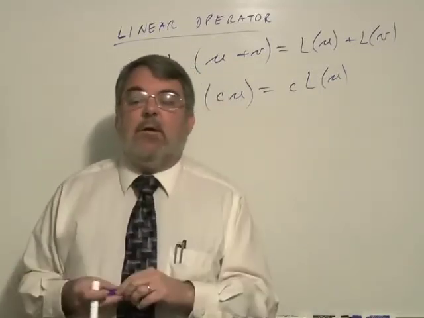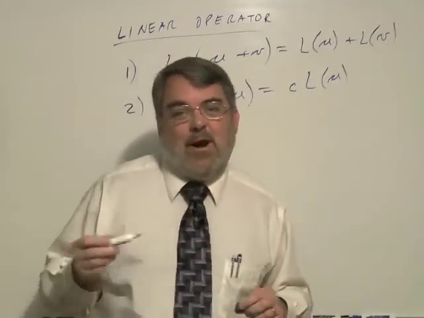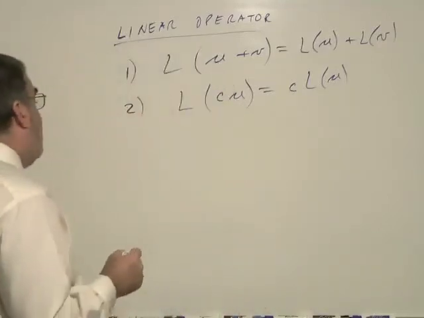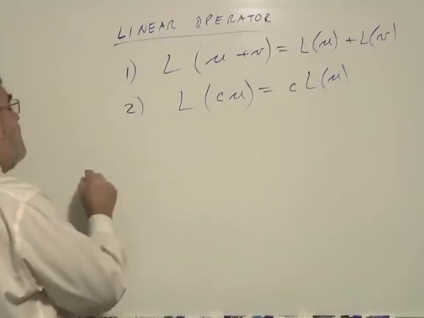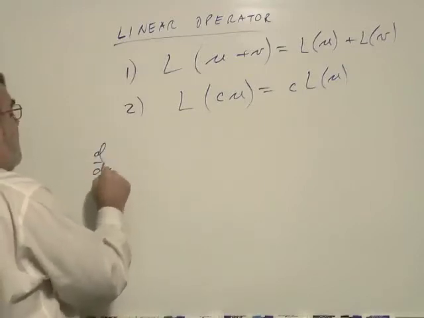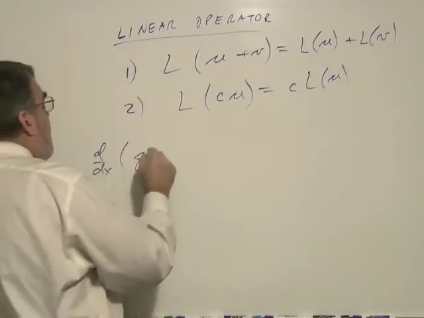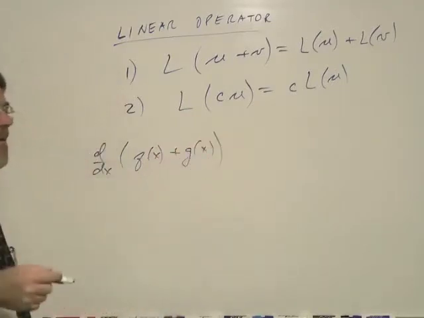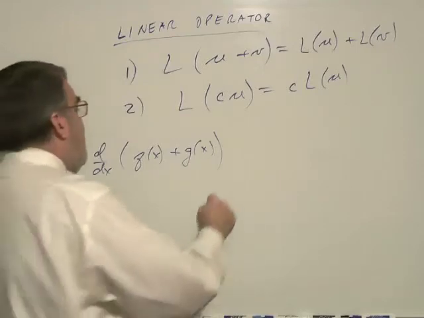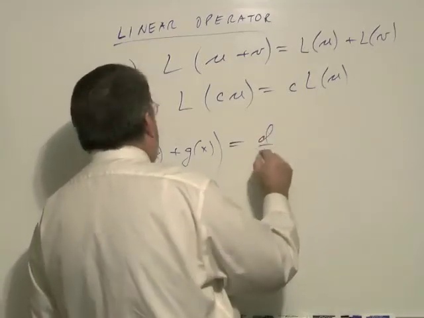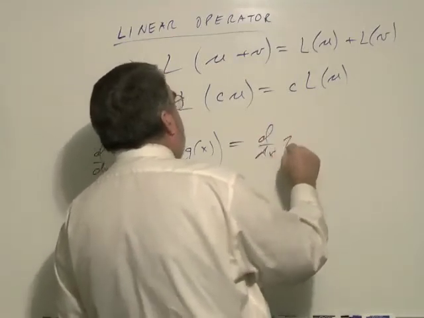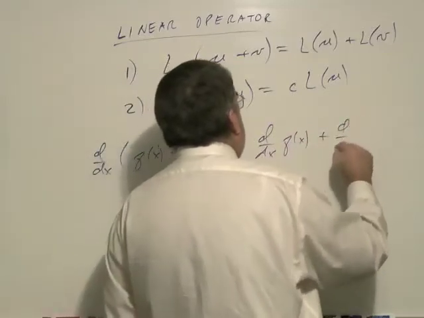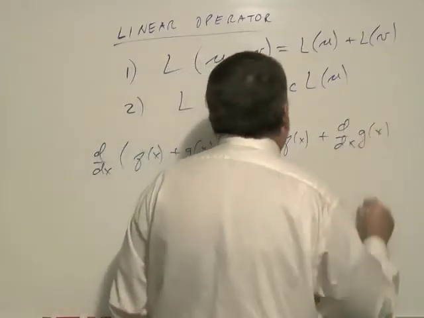And when you think about it, our derivatives are linear operators. For example, the derivative of f of x plus g of x, we know there's a theorem that allows us to break this up and call it the derivative of f of x plus the derivative of g of x.